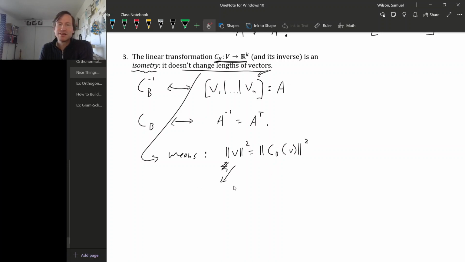What is the square of the magnitude of V? That's just V dot V. And remember, another way to write this is V transpose times V. Okay, what about this one? Remember that this coordinate transformation is a linear transformation whose matrix is A transpose. So C sub B applied to V is really A transpose times V.